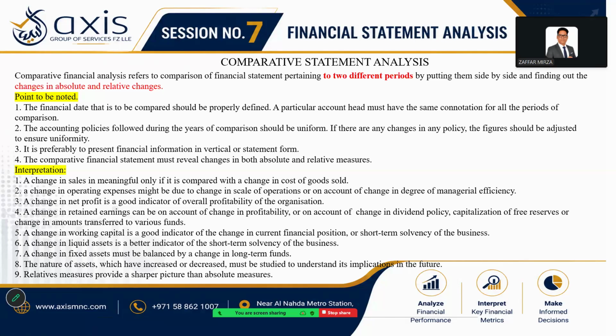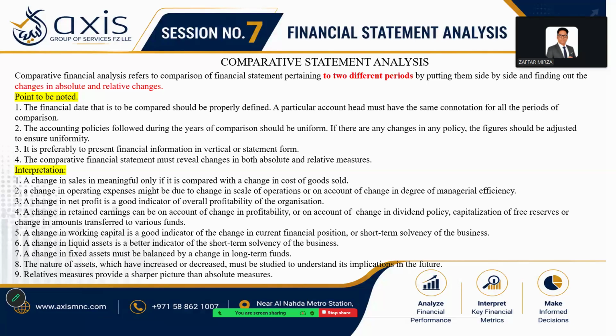Retained earnings come from the net profit of the year. They will change because the profit has changed, or we are giving more dividend, or we are capitalizing some reserves, like general reserve and risk reserve, or we are transferring funds to various funds. Because of these reasons, the change in retained earnings may come.